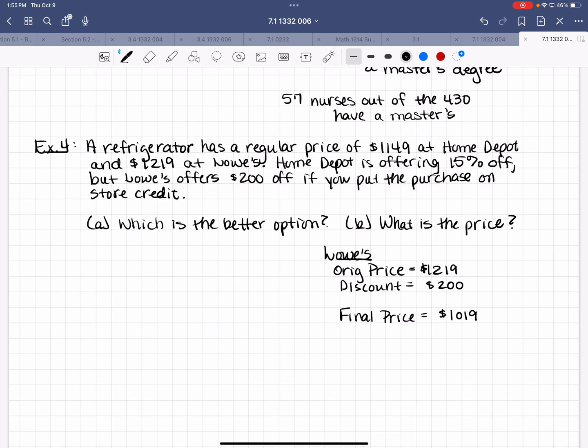All right, let's talk about Home Depot. Let's see what they have to offer. Home Depot original price is $1,149, right? And their discount is going to be 15% of what?